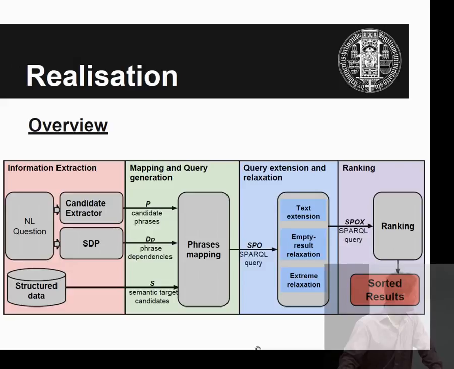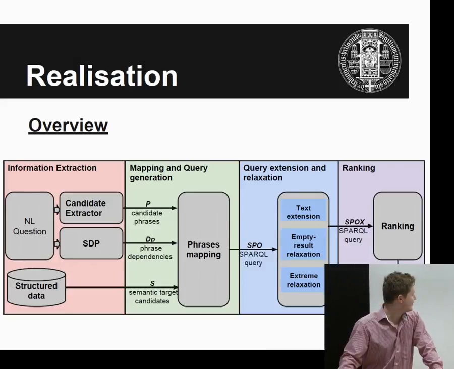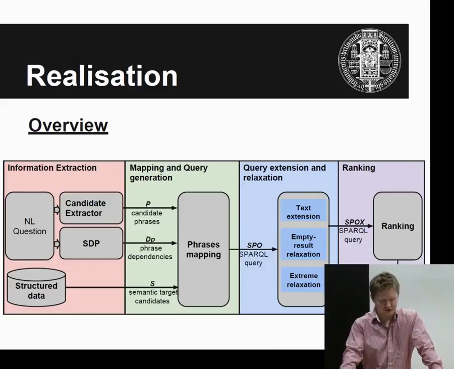So, realization. Realization consists of 4 parts. At first, information extraction. We extract all candidate phrases, then dependencies between them, and also all names from structured data, all names of classes and entities and relations and so on, to which we will then map.